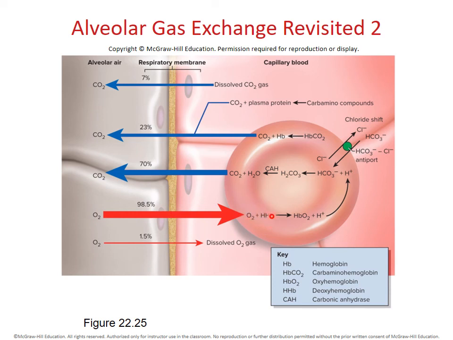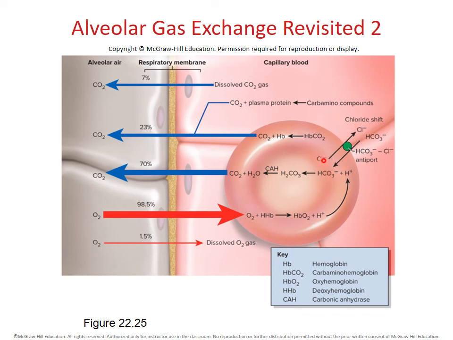And remember what we said, once hemoglobin starts picking up oxygen, it tends to be a snowball effect, and it'll pick up more and more oxygen and convert from deoxyhemoglobin to oxyhemoglobin. As it goes through that conversion to oxyhemoglobin, it releases its hydrogen ion, and that hydrogen ion is now available, and the chloride shift reverses under these conditions, and bicarbonate starts being pumped back into the erythrocyte, and chloride is pumped out.